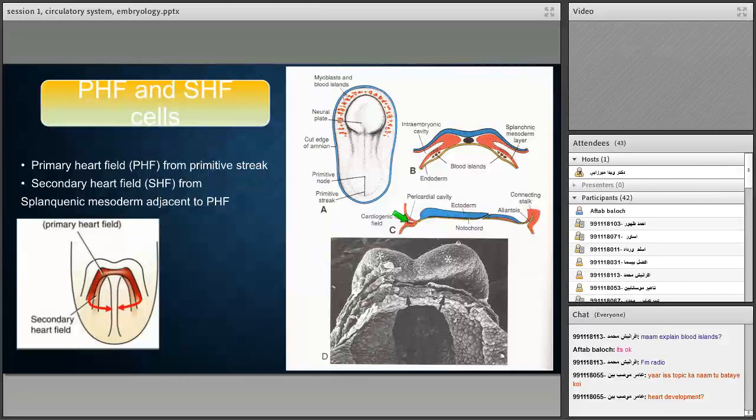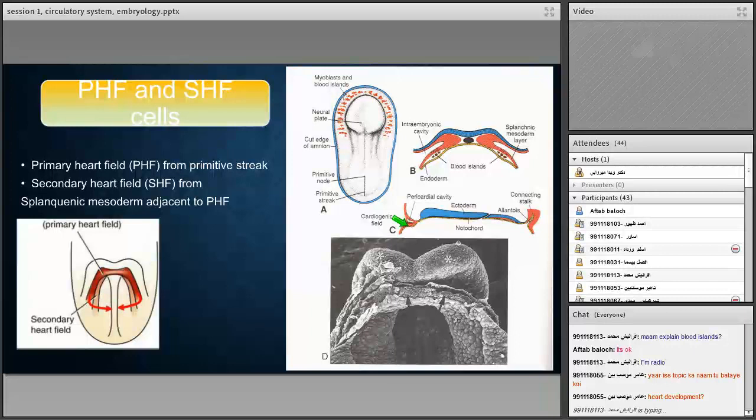They are placing in front of the buccopharyngeal membrane, or oropharyngeal membrane.